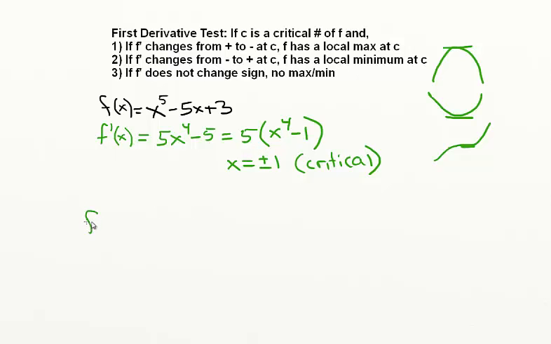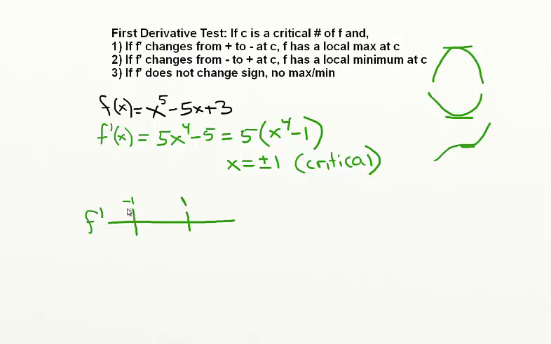Now we're going to make a sign chart of f prime, and we're going to look at what happens when x is to the left of negative 1, when it's in between negative 1 and 1, because these are our two critical numbers, and what happens to the right of 1.